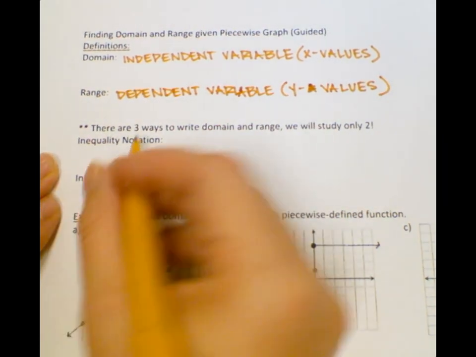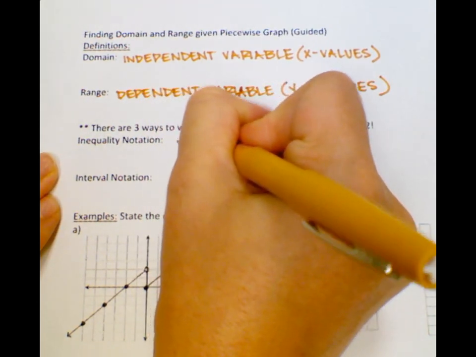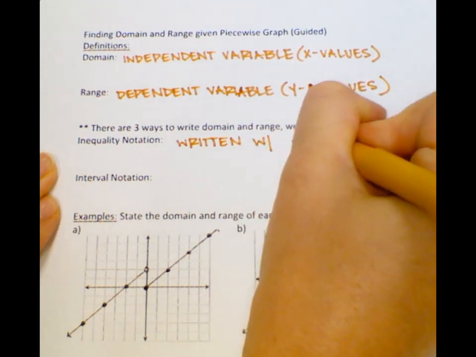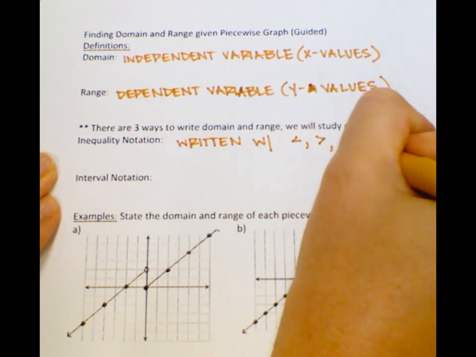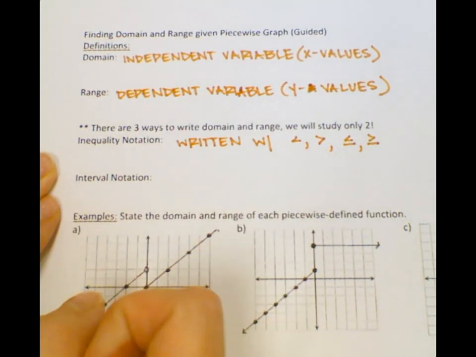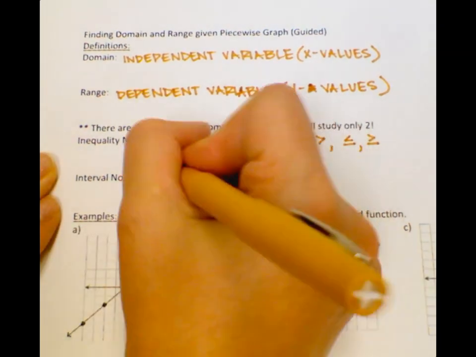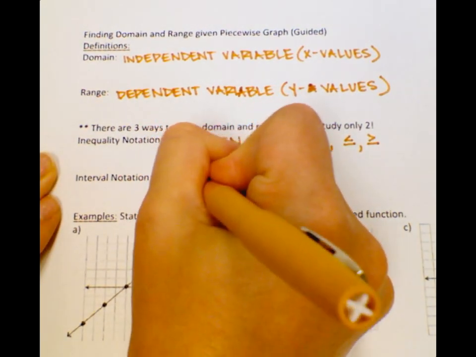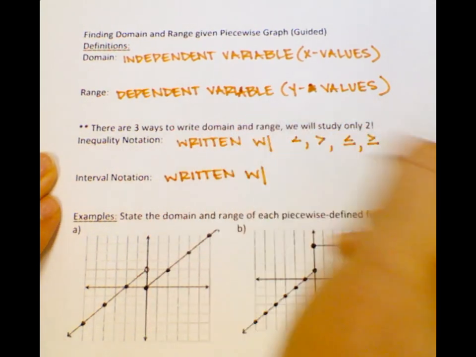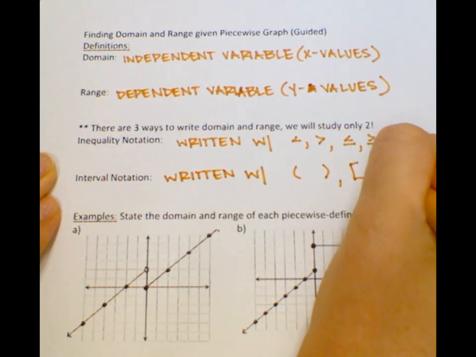So your inequality notation is written with your inequality symbols. So you're less than, you're greater than, you're less than or equal to, you're greater than or equal to. So we will write them with inequality symbols. Your interval notation is written with parentheses or brackets.